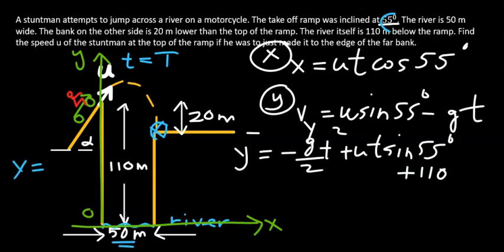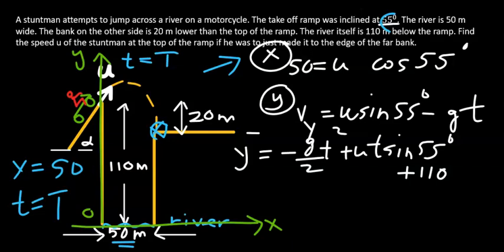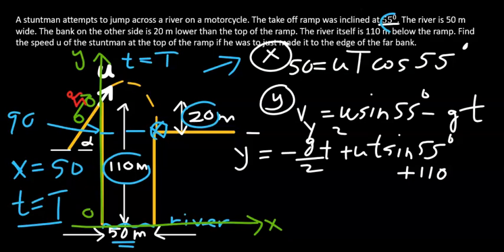So x is 50 when time is capital T. Let's substitute that information in this equation, and you'll get x equals 50 and time is capital T. The y-coordinate of the landing point is 110 minus 20. That means the y-coordinate of that point is 90. What that means is when time equals capital T, y is 90 meters.